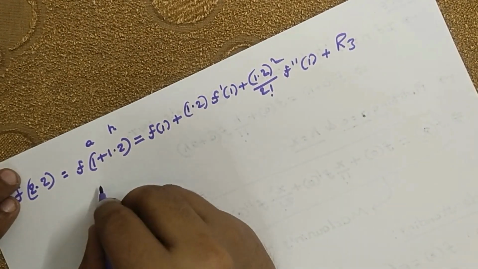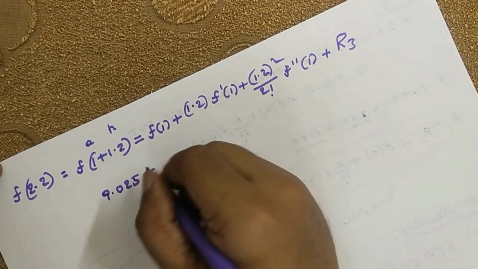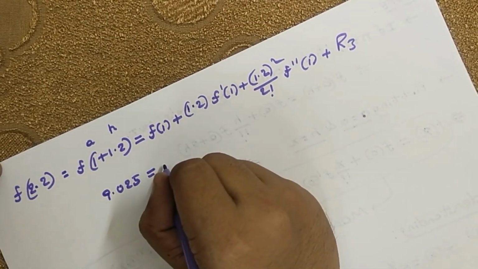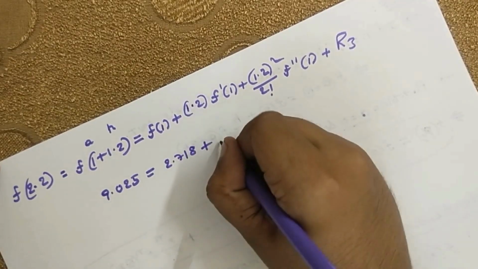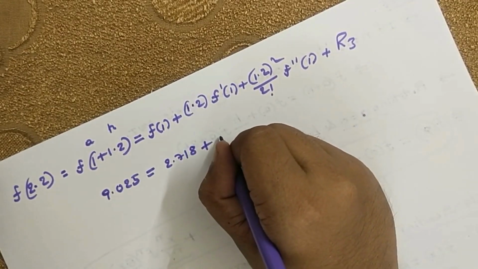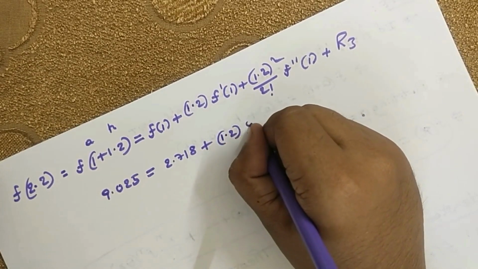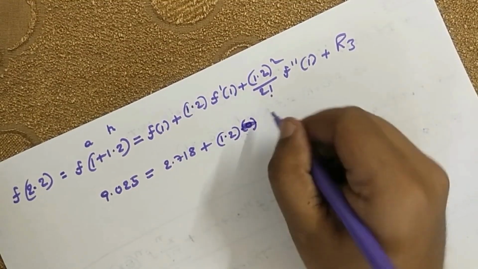Okay, so we already have f of 2.2 value, which is nothing but 9.025, which is equal to f of 1, that is 2.718, plus 1.2 into f dash of 1. Sorry, f dash of x is e power x, right?